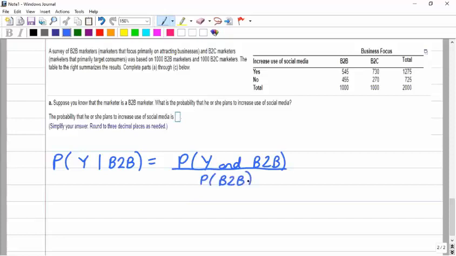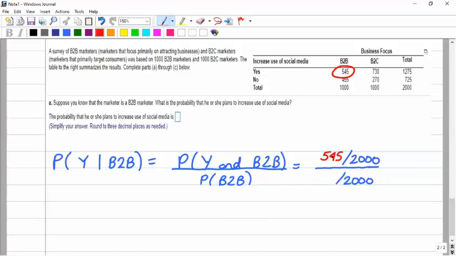All right. Oh, thank goodness I didn't start writing any numbers in there. And these are both going to be over 2,000. That's your grand total. Y and B2B, I'll just circle it. I believe that's right there. That's where Y meets B2B. 545.